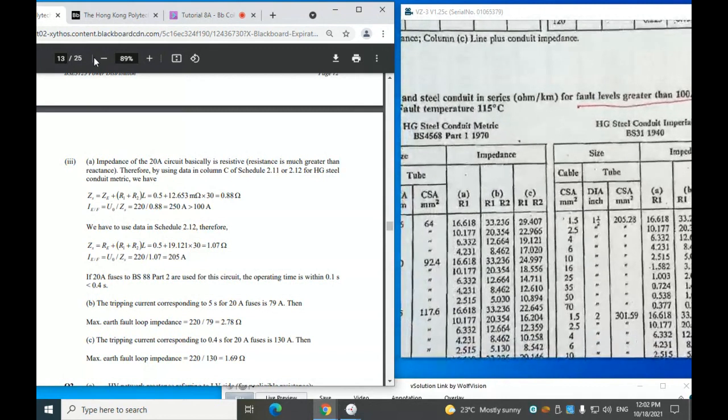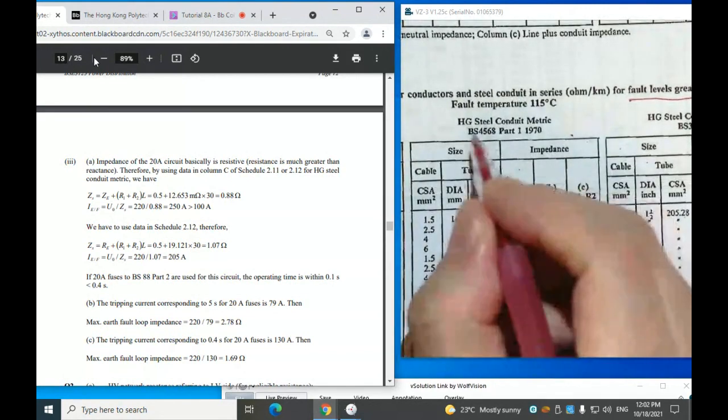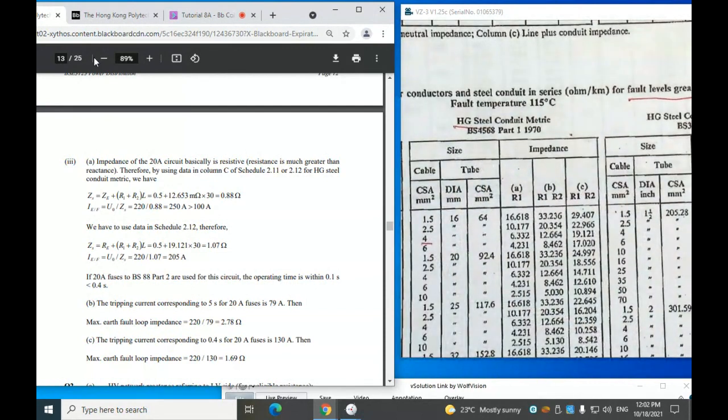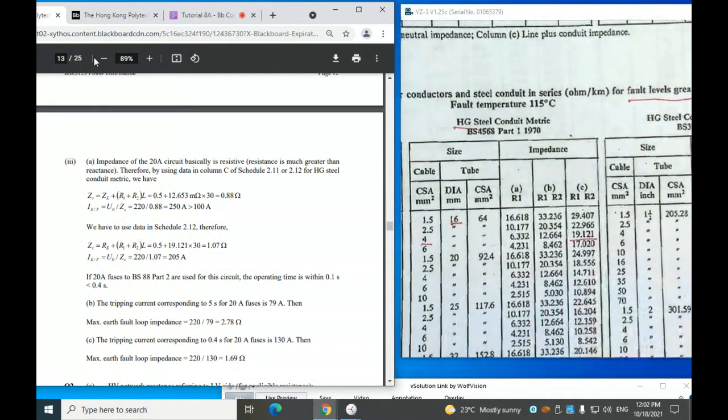Again, we use the HG, high grade steel conduit, with the 4 mm cable and the 16 mm diameter. The result in column C is 19.121. So use this result.